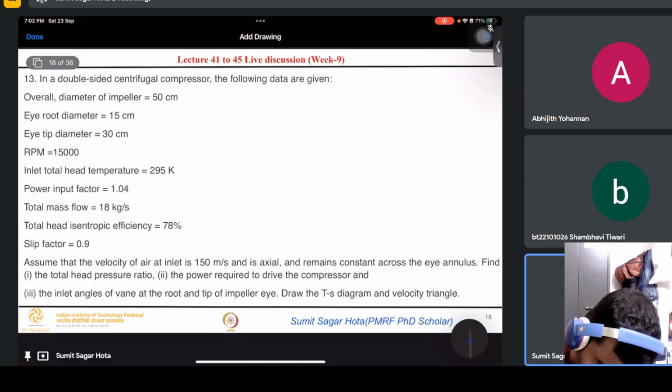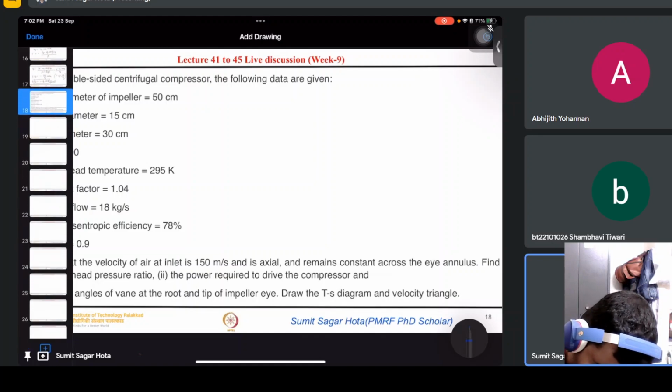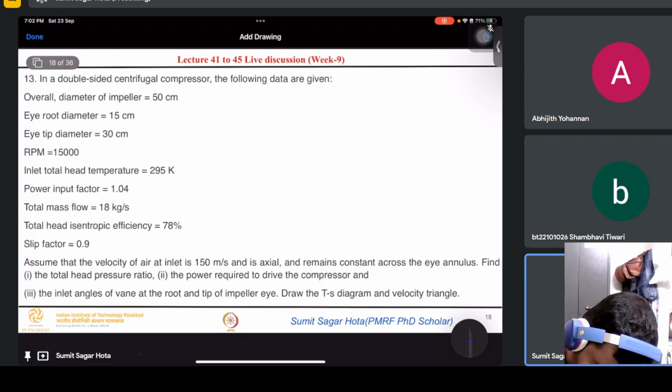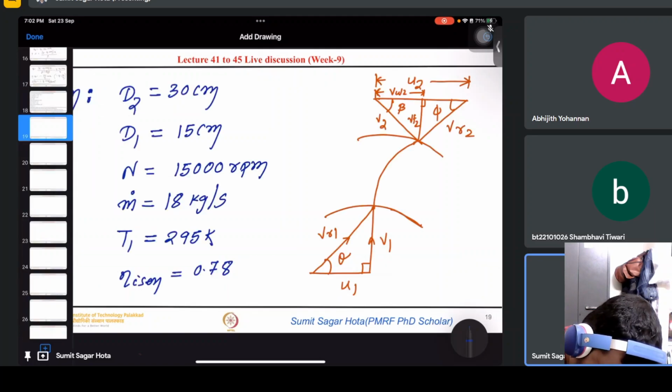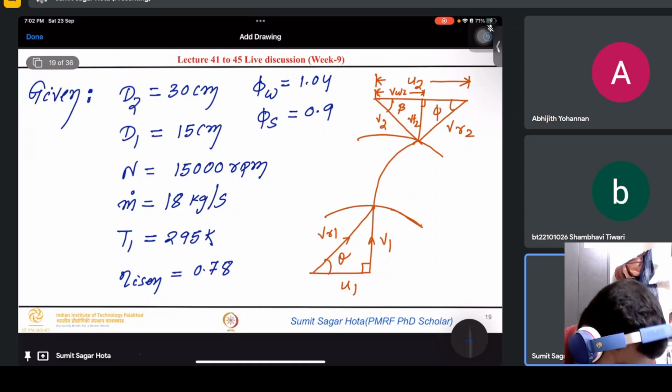The power input factor is given as 1.04 and slip factor 0.9. Okay, these are the things given.